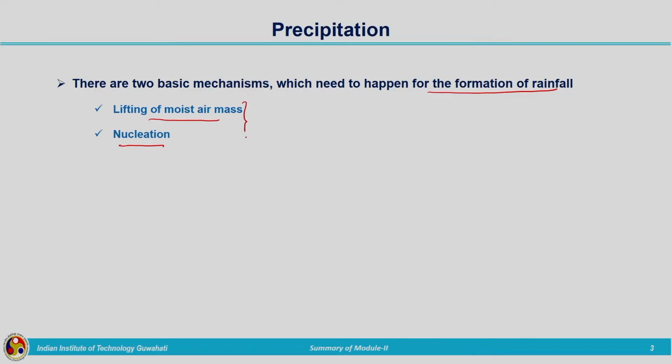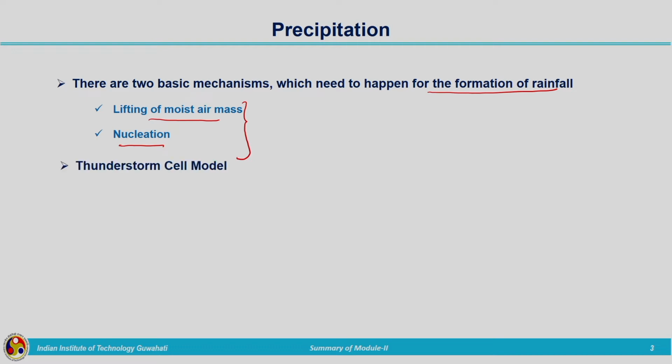That is, when evaporation takes place, water from the water body is converted to water vapor, and this water vapor should be continuously lifted up and removed from that particular location. This is taking place due to wind action. Once it is lifted up, temperature reduces, and after that cloud formation takes place, and nucleation of the clouds leads to condensation, and then we experience precipitation. So, these two processes are very important as far as precipitation is concerned.